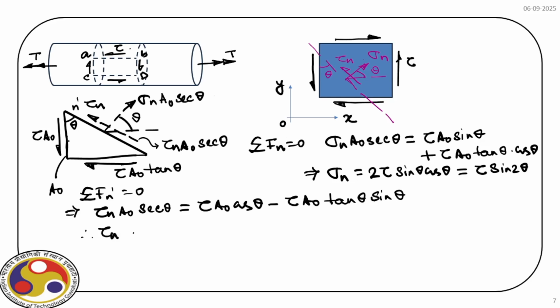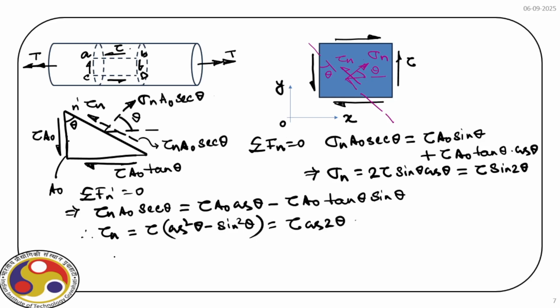So therefore tau n is equal to tau times cos square theta minus sin square theta, which is tau cos of 2 theta.